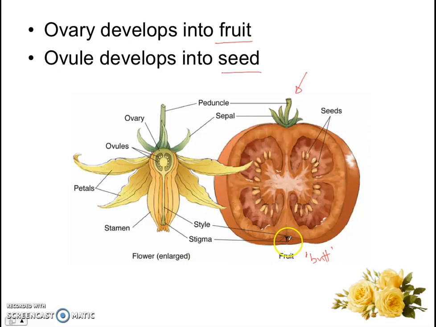It used to be where the stigma was, where the pollen was transferred to, but it's now been reduced to this little tiny hair-like thing. So next time you look at fruits in the grocery store, try to ask yourself, what used to be the stalk of the flower? What used to be the stigma of the flower? It's quite an interesting thing when you look at different fruits in the supermarket in that way.